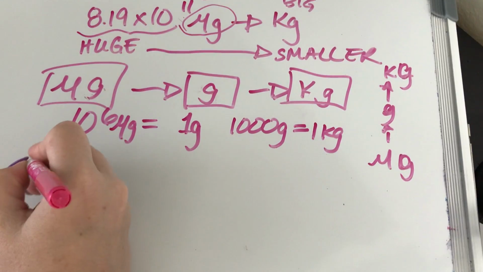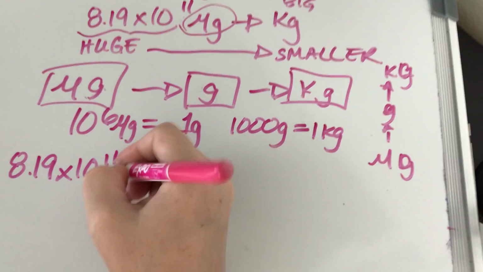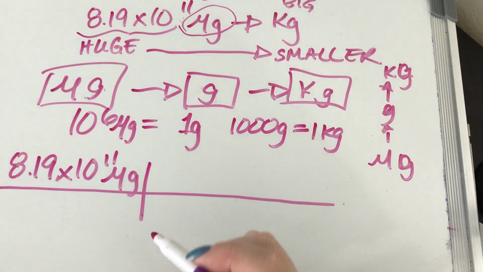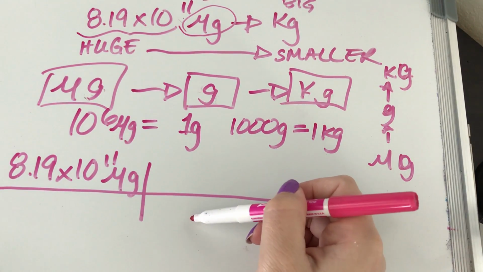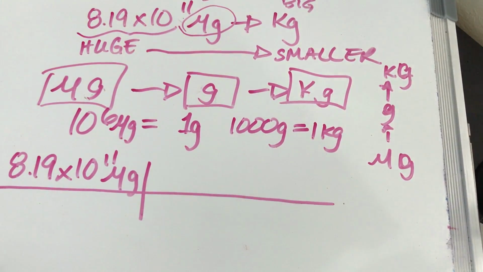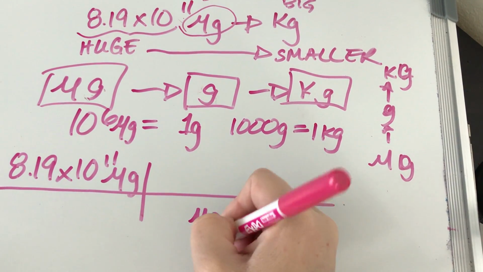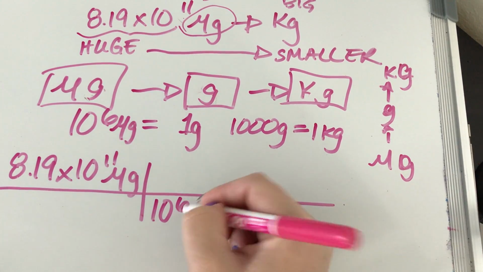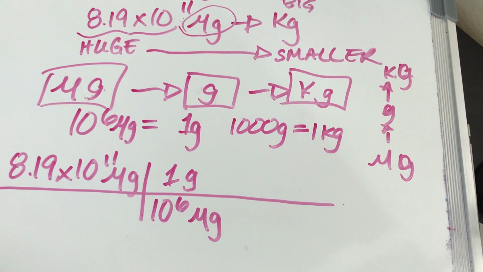Okay, so now we just do our railroad track setup. All right, we've got 8.19 times 10 to the 11th micrograms. So if we're trying to convert from micrograms to grams, which unit do we want on bottom? Micrograms. And so we have 10 to the 6th belongs to the micrograms, and then 1 gram will go up top.